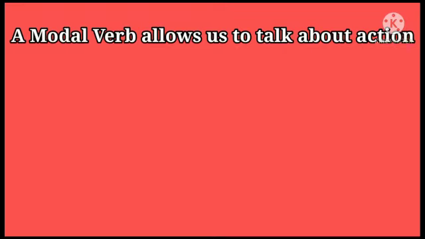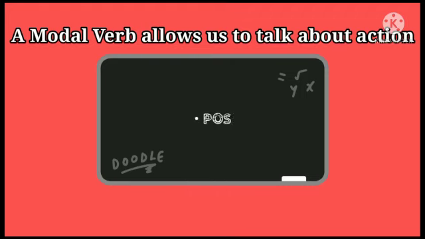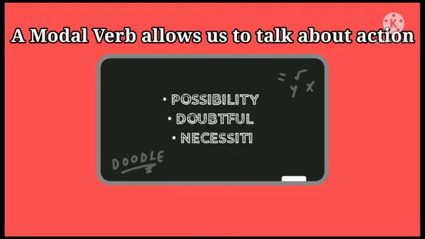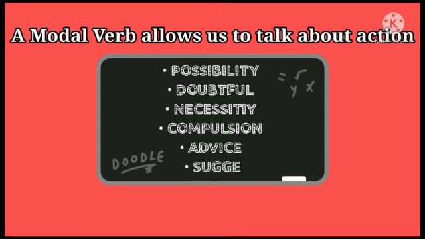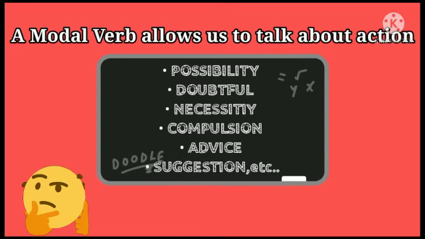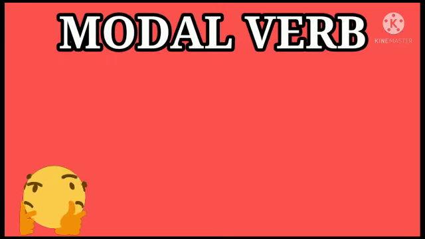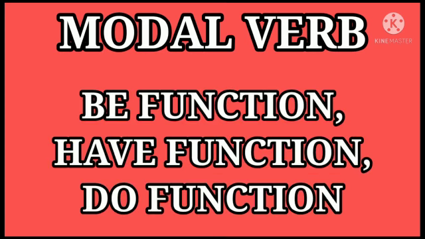A modal verb allows us to talk about actions as possibility, doubtful, necessity, compulsion, advice, suggestion, and many more. You may be wondering what modal verb is. Well, the be function of the auxiliary verb, the have function, and the do function are primary auxiliary verbs.